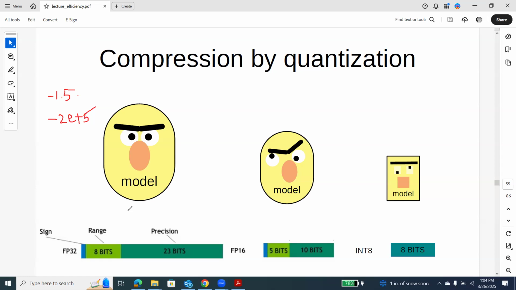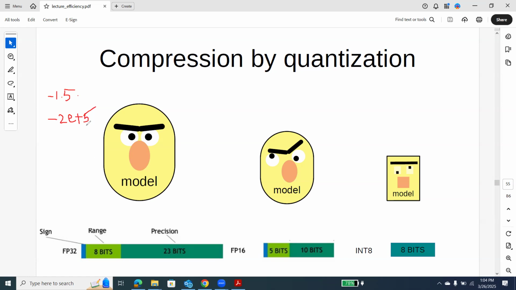So the first bit is the sign, so we don't need to think about the first bit. Does the 5 represent range or precision? I think the 5 is range.